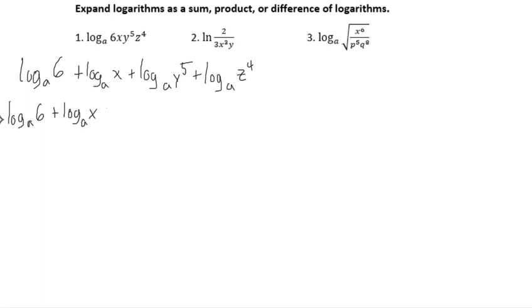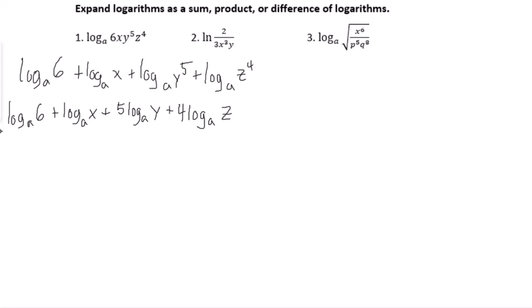That 5 needs to be kicked out to the front, so that's 5 log base a of y, plus this exponent of 4 needs to be kicked out to the front, 4 log base a of z. And now that one is complete. They're expanded out.